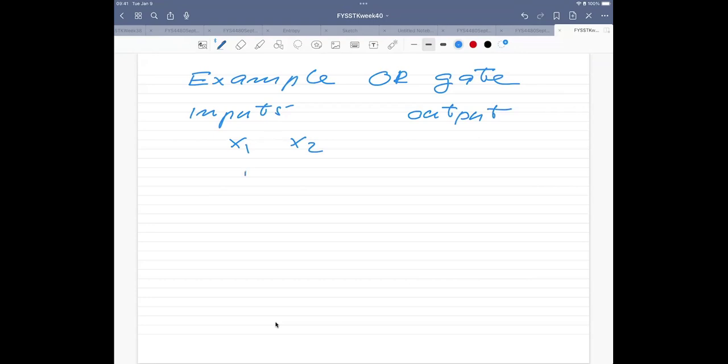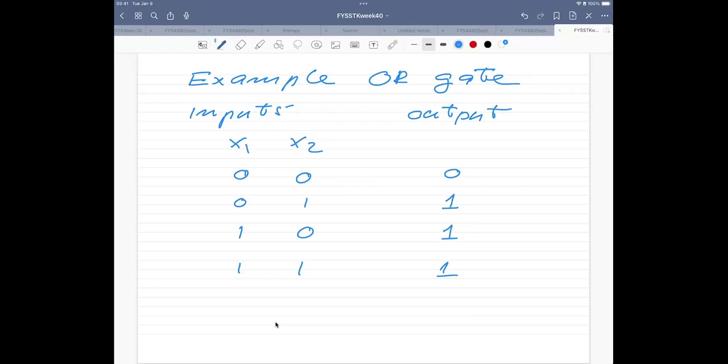If it has bit 0 and bit 0, the output is 0. If it has bit 0 and 1, so these are bits 0s and 1s, it's a binary system, it has an output 1. If it has bit 1 and bit 0, it has an output 1, and 1 and 1 is equal to 1. It's either 1 or 1 and 0, so you maximize it. So this is a typical gate which you will encounter if you do electronics.